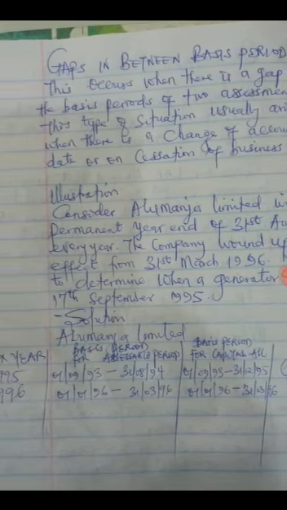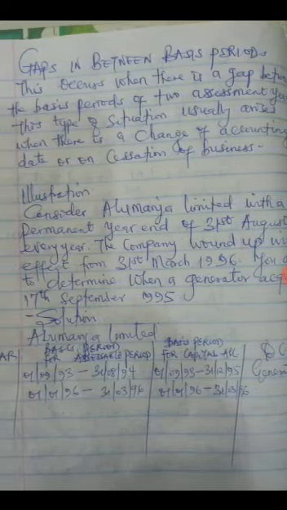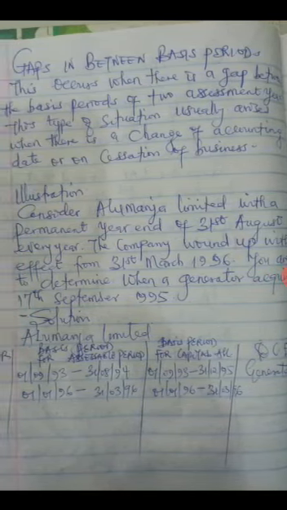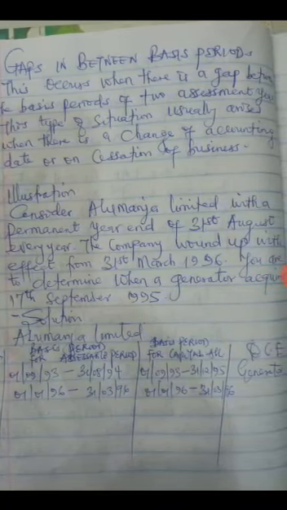On those notes, we'll consider this illustration. We consider Alomanji Limited, whose year end is 31st August every year. The company wound up with effect from 31st March 1996.